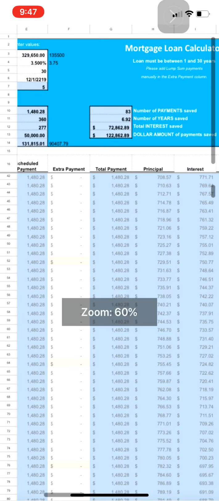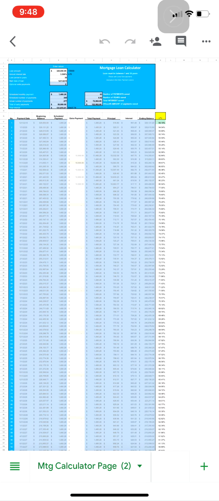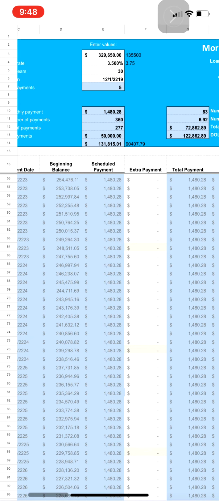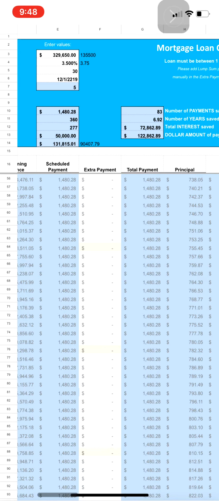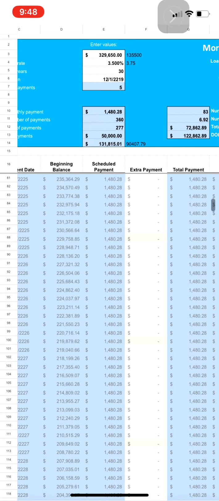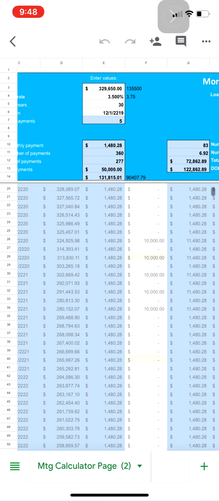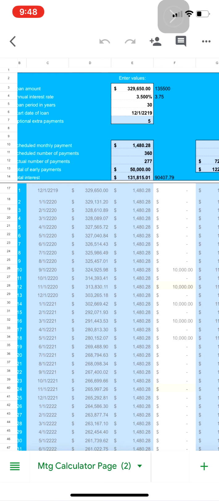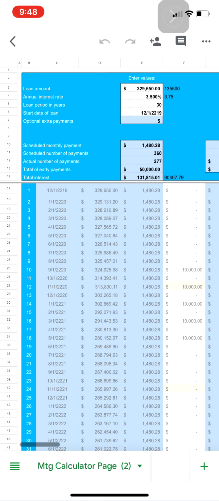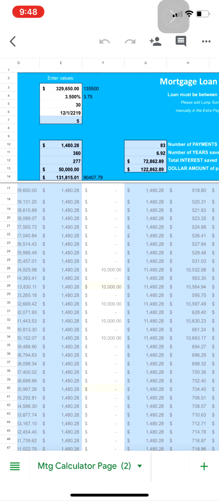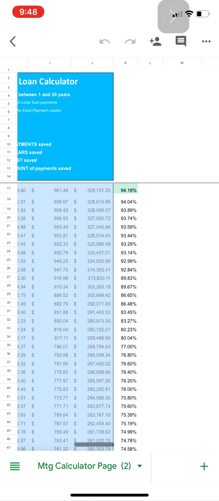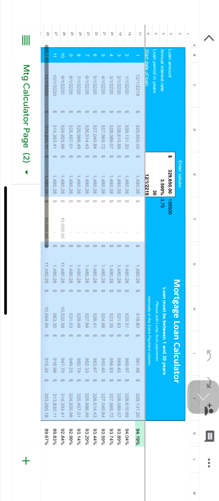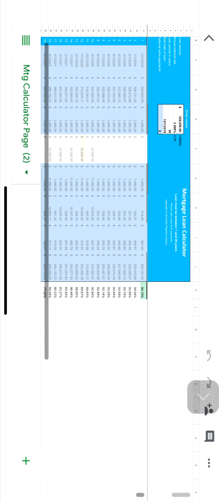Okay, wow, this is great. So, this shows you. This is a calculator that I got from joining the page.